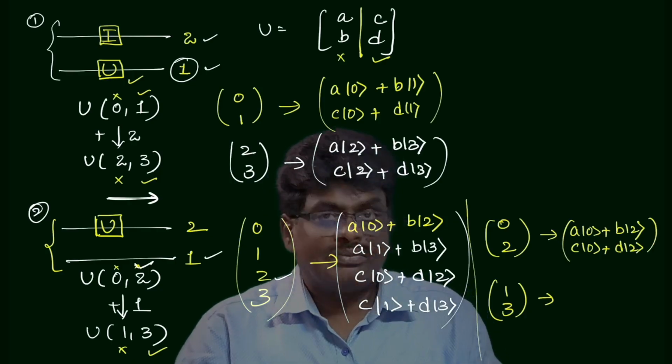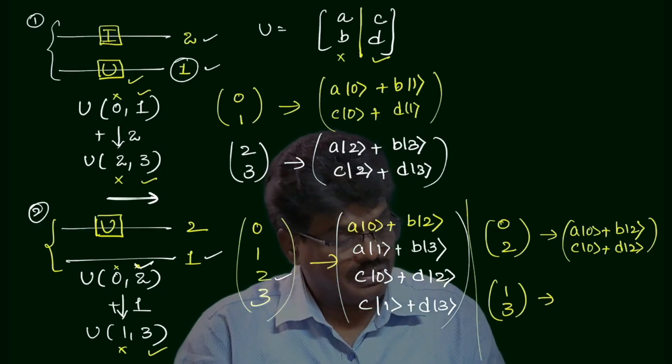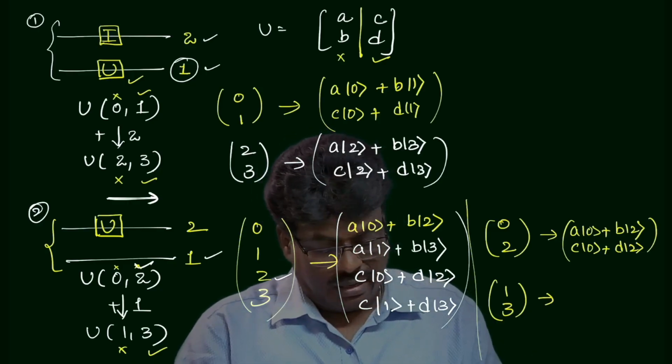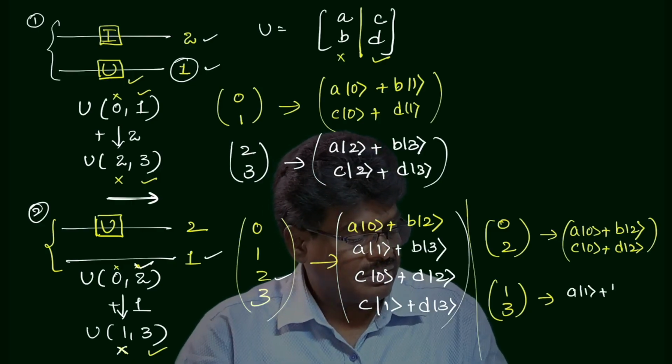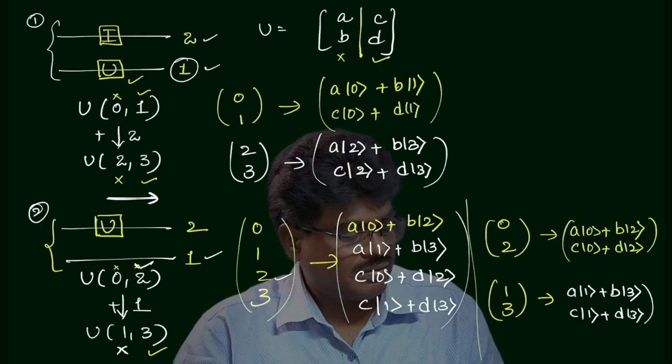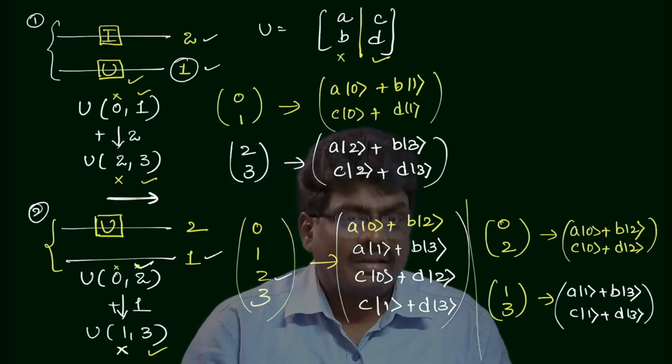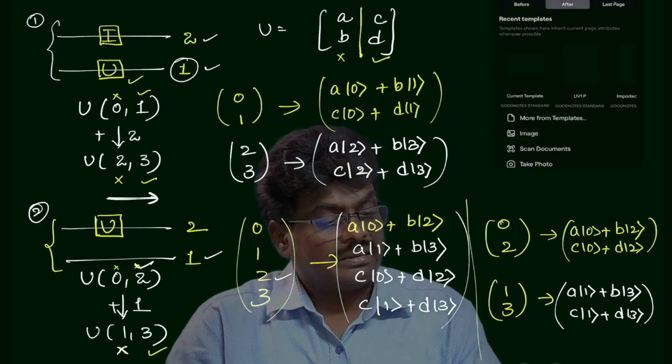If you have any confusion in writing all this together, you can do like this also. And next 1 is off state, that's why a1 plus b3, and this is c1 plus d3, like this.